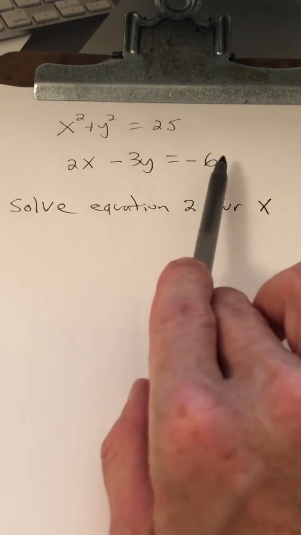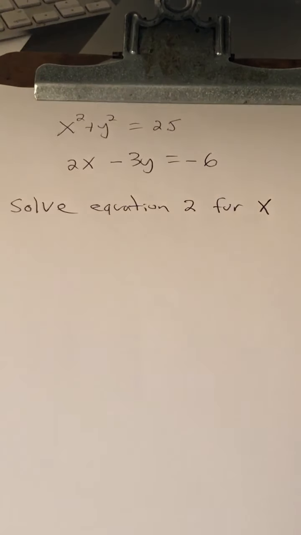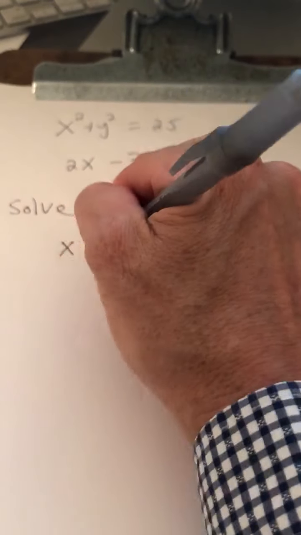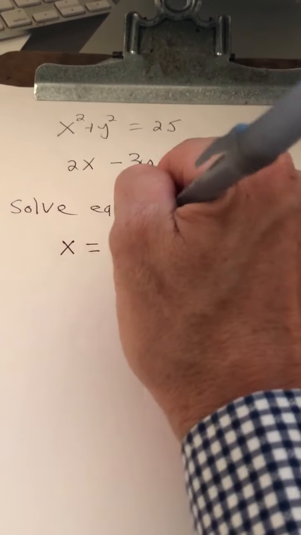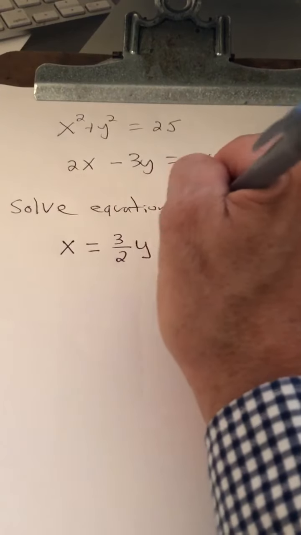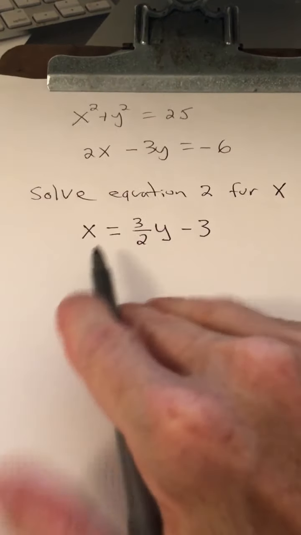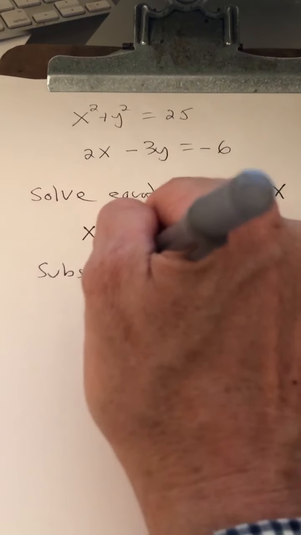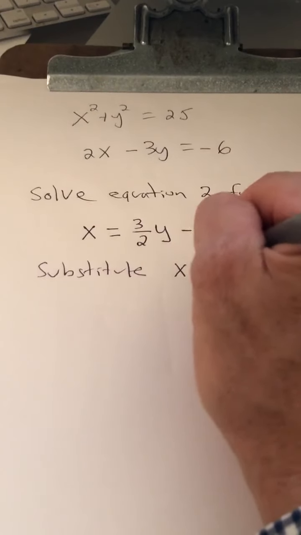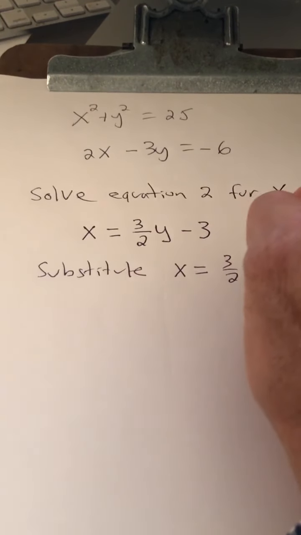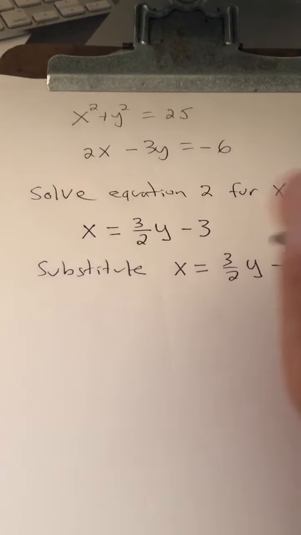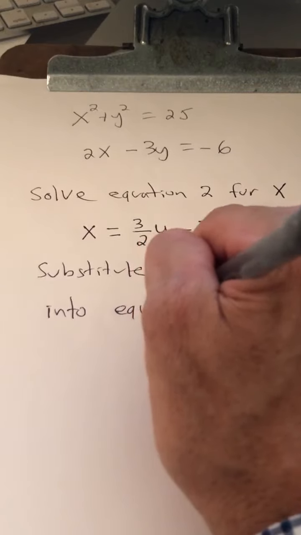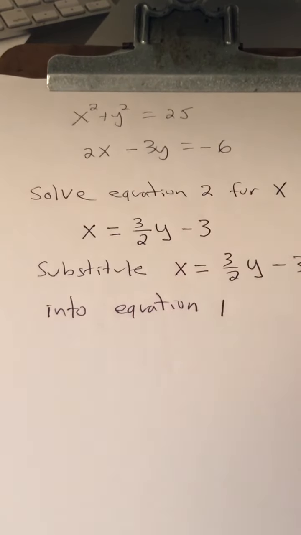So take a minute and do that. And what you should end up with is x equals 3/2 y minus 3. Now you take this result and you're going to substitute x equals 3/2 y minus 3 into equation 1.